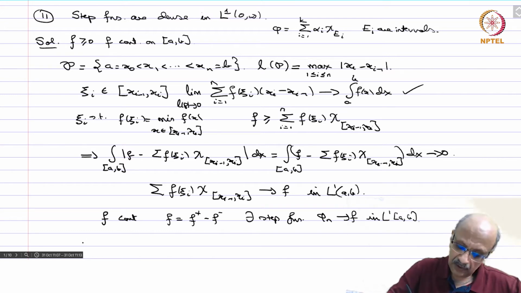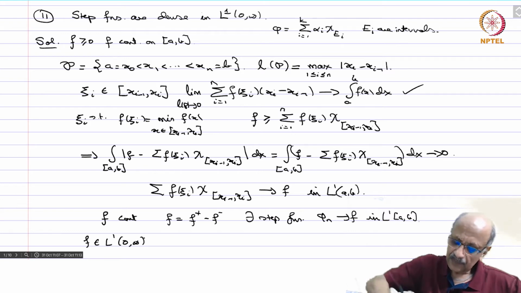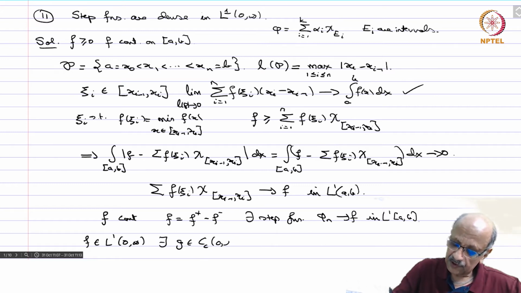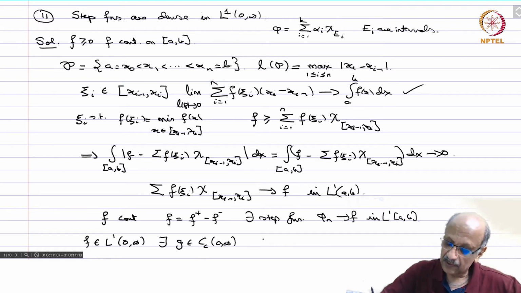Now if f is in L1 of (0, infinity), there exists a g in C_c of (0, infinity), a continuous function with compact support, such that the norm of f minus g in L1 is less than epsilon.